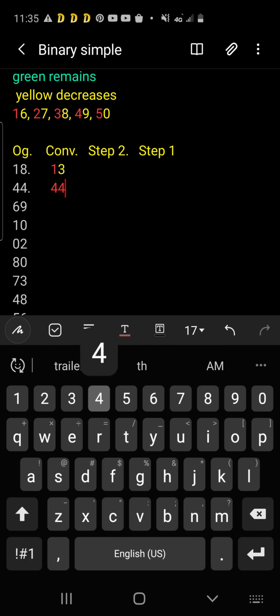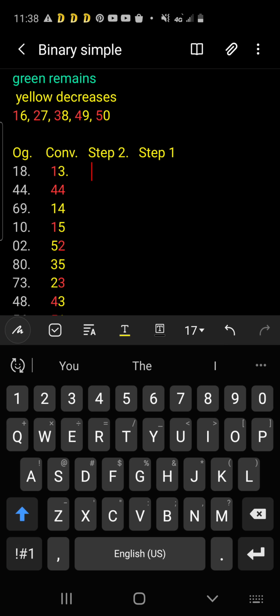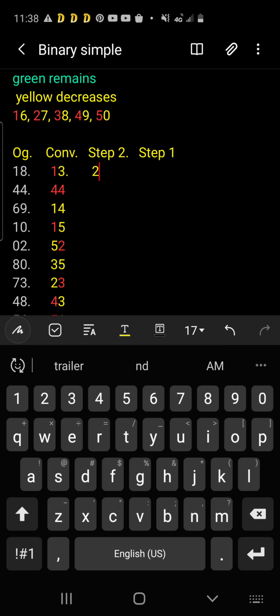All right, so now we're going to do this step 2 conversion. The 1 to the 4. Remember, 5 is the highest, so we got to go back 2. Remember, we go back 2. Okay? So that's going to be a yellow 2. So we're going to take 2 from this 1, and we're going to get that 4.